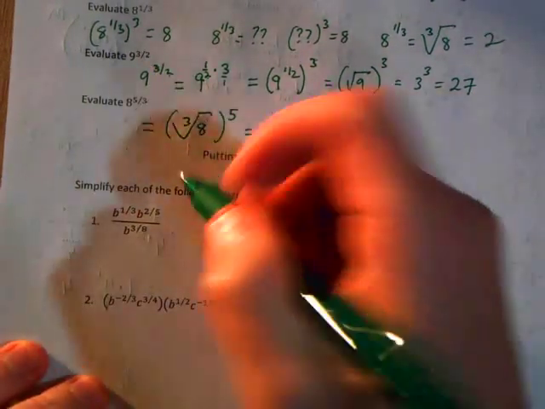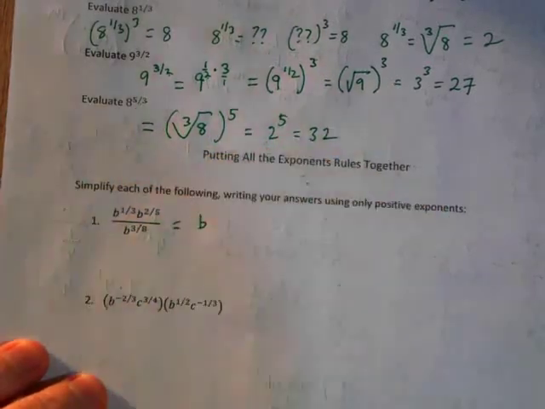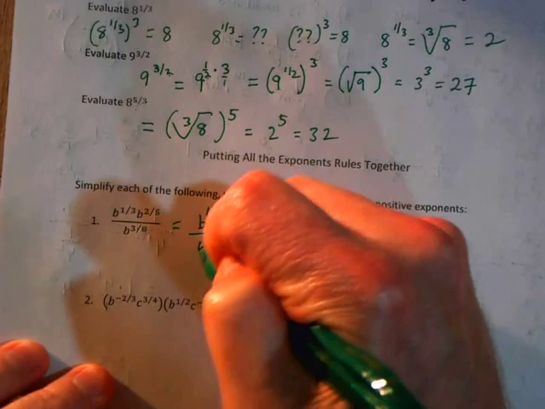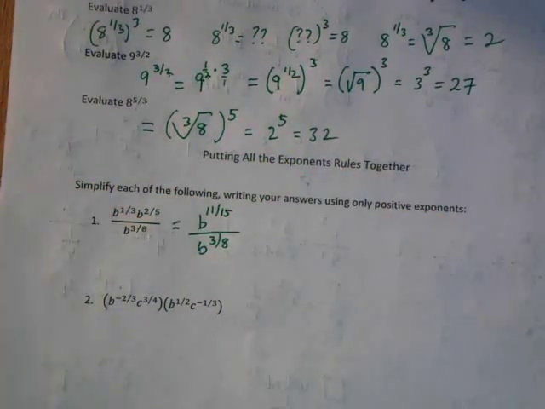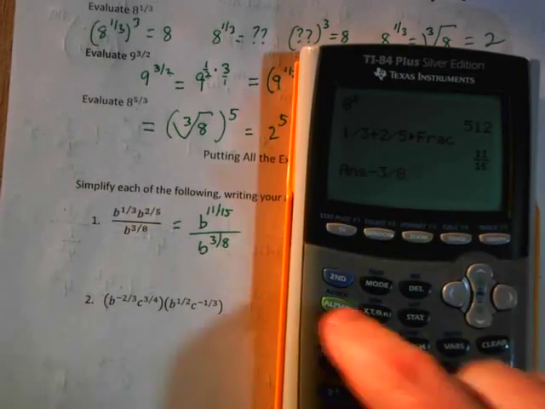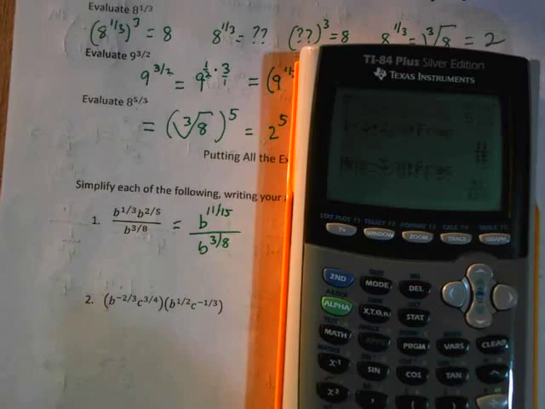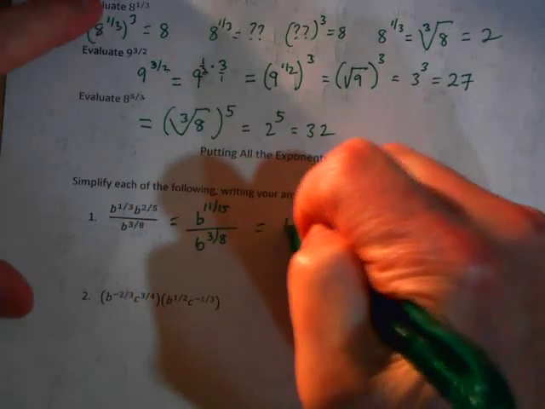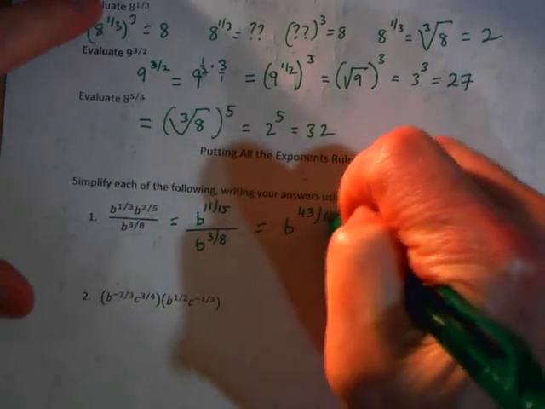So that's b to the 11/15 divided by b to the 3/8. And now I know when I divide two things, I subtract my fractions. Subtract 3/8 and give me the answer as a fraction. What a nice number, 43 over 120. So that's b to the 43 over 120.